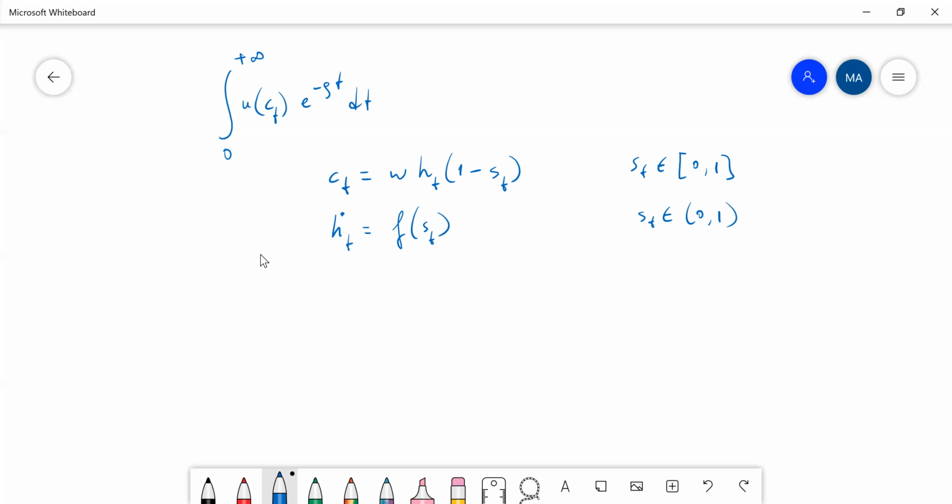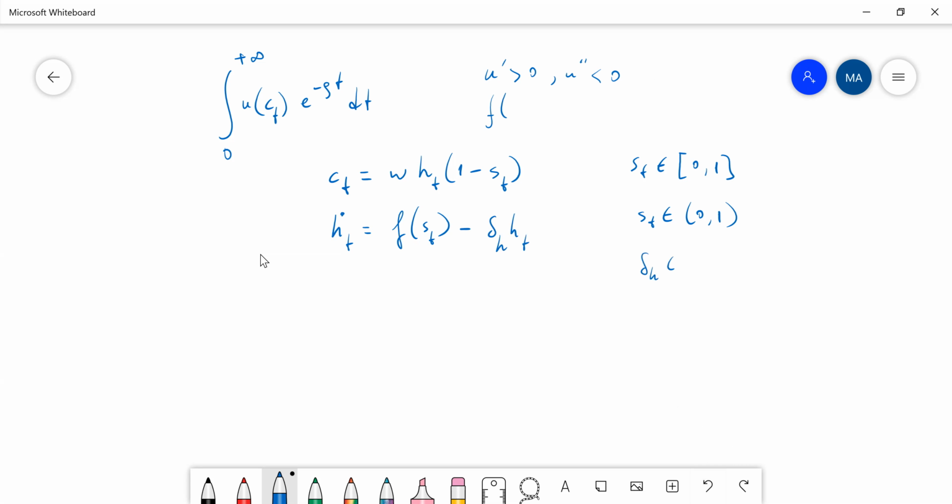So this is F. We can put some constraints on utility. These are rather typical, right? We can also say something about F. Let's introduce this as well, which is much more realistic.